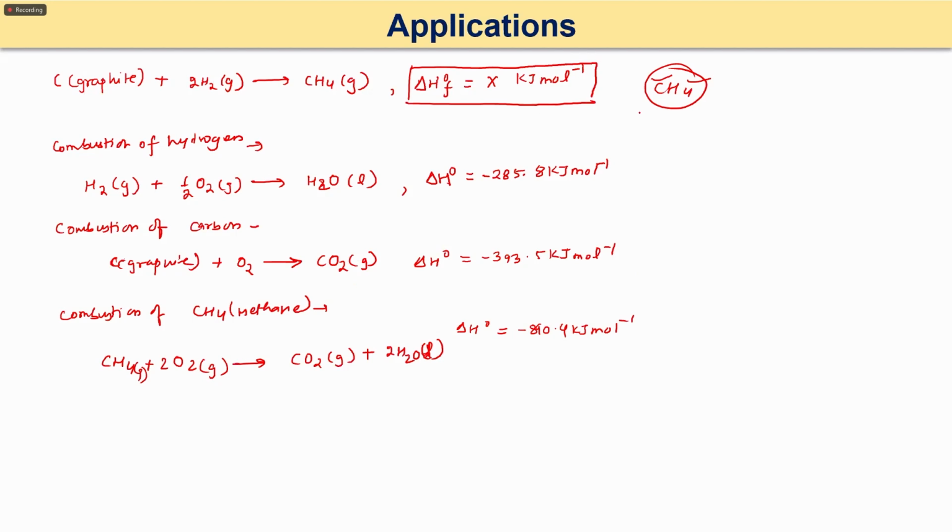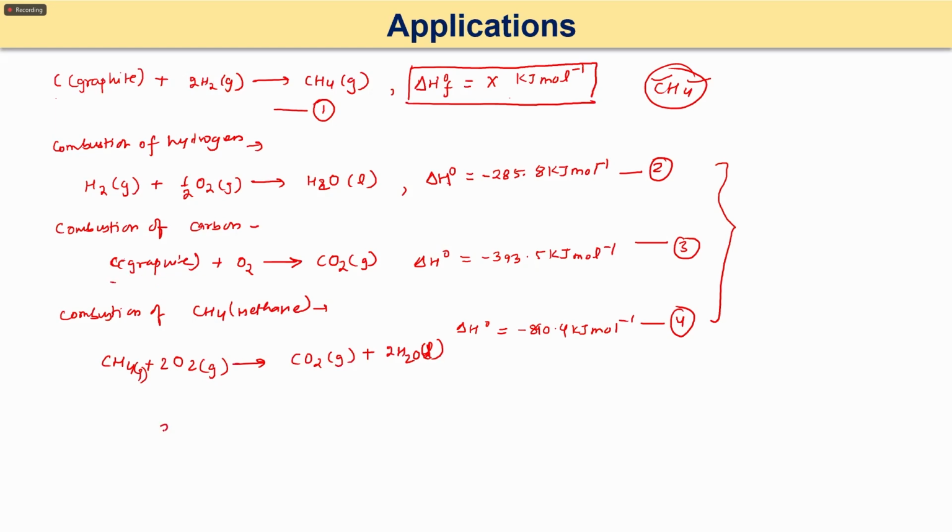Now, if you want the heat of formation for this reaction, we have to arrange these equations. Let's number them 1, 2, 3, and 4. We have to arrange the 3 combustion equations such that we end up getting equation 1. We want C on the left side, so we will take equation 3.